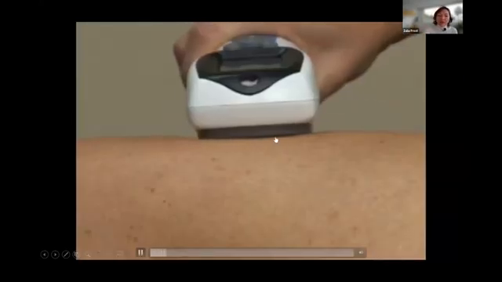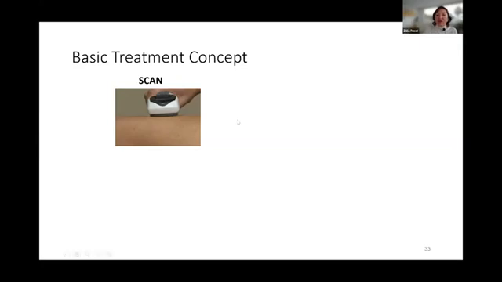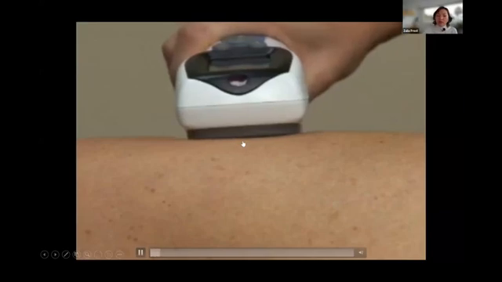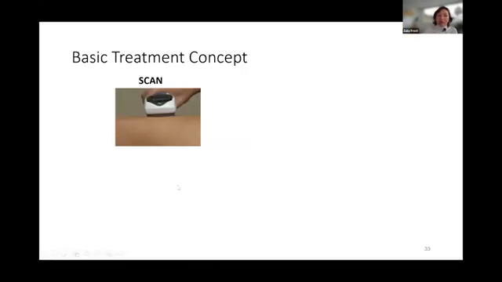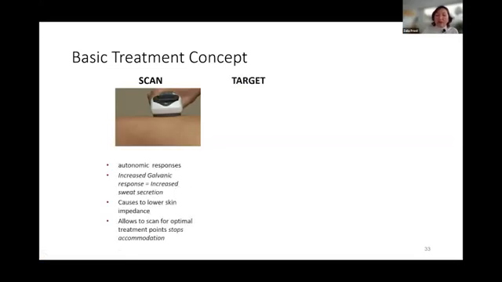So we scan, we find this area of low impedance, and you get an autonomic response with a galvanic response, which gives a tiny increase in sweat secretion, and that low impedance point will be very obvious for you.